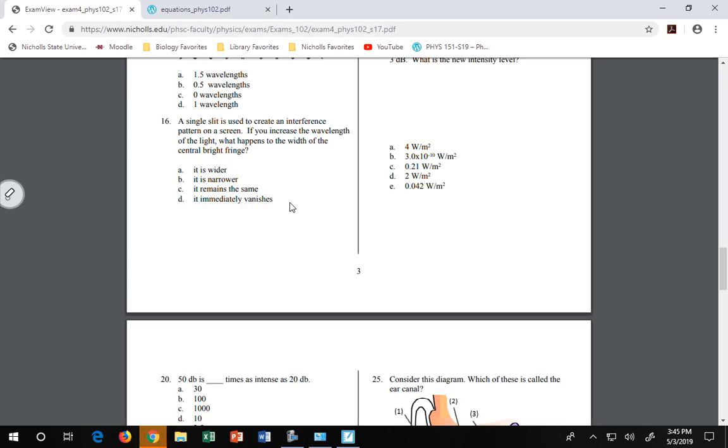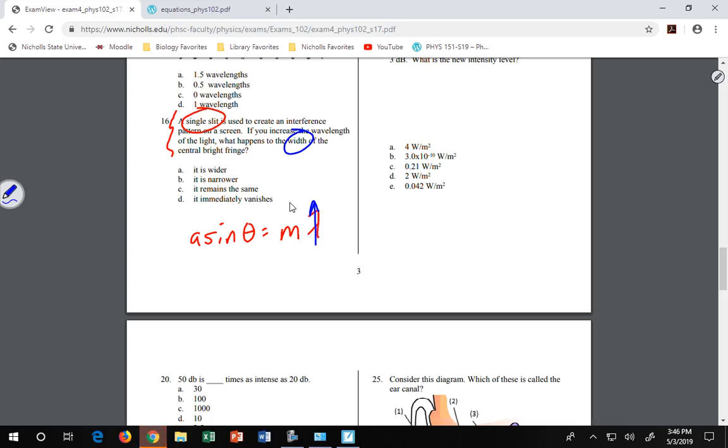Number 16, you'll see one like this too, okay? It might be single slit, it might be double slit, it might be diffraction grating, but they all work the same way. So here, it's a single slit, so I immediately write down this. If I increase the wavelength, what happens to the width of the central bright fringe? This is my wavelength, and the width of the central bright fringe is not A. A is the width of the slit.